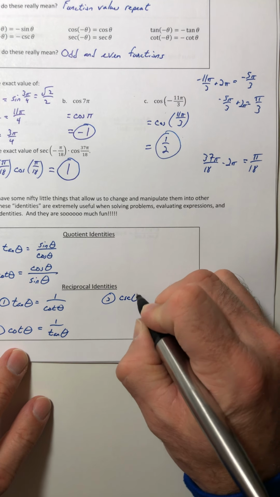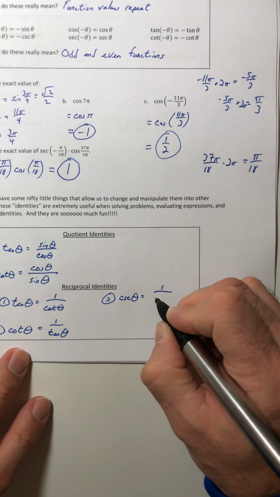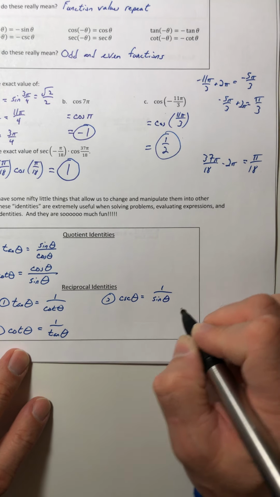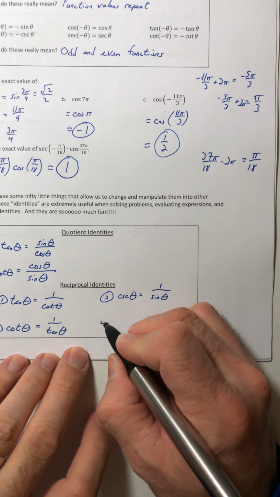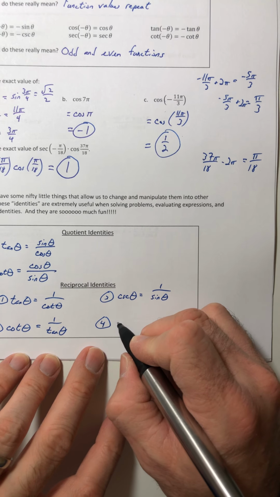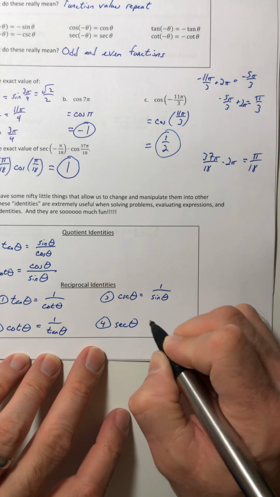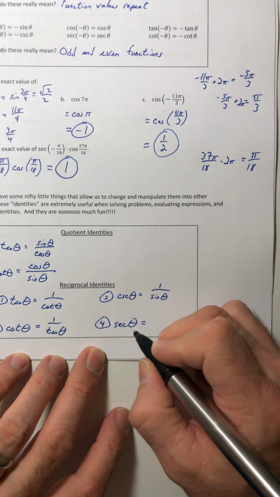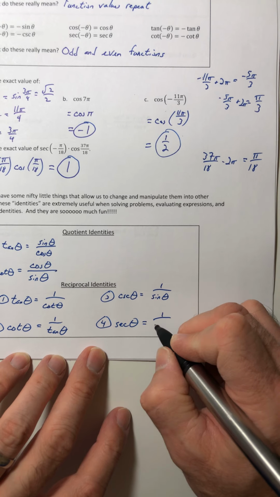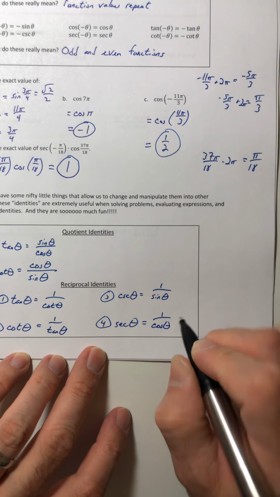Cosecant is the reciprocal of sine. So that means sine is a reciprocal of cosecant, which you don't usually use that often, but it's there. And then secant is the reciprocal of cosine.